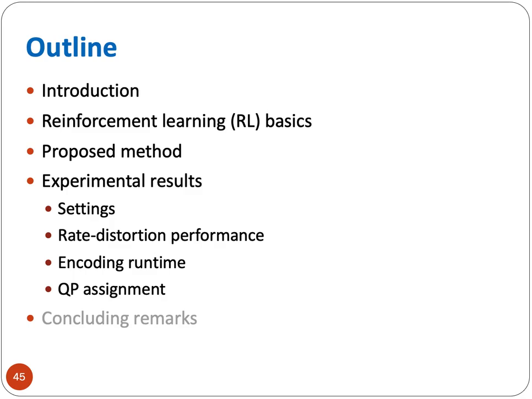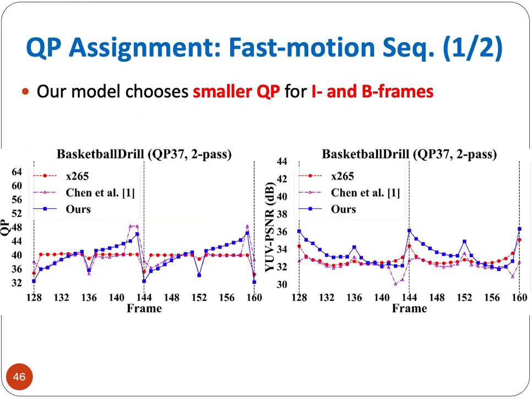Finally, I will show you our QP assignment. This slide shows the QP assignment for the fast motion sequences. Our model tends to use smaller QP for the I and capital B frames and higher QP for the small b frames. It is reasonable since I and capital B frames serve as the reference frames.